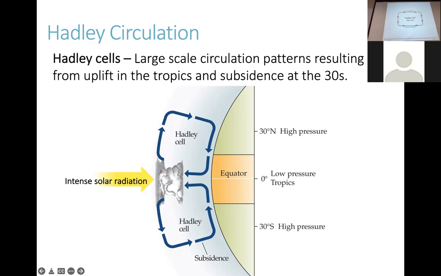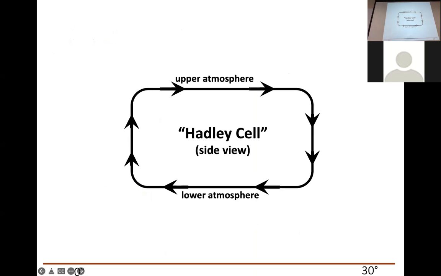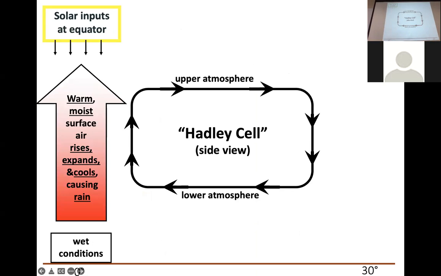So if we look at it from the side, we're kind of looking at a Hadley cell. We're going to start at the equator and go up to 30 degrees. Solar inputs at the equator. This is just a different view. It's a little bit easier maybe to understand. You have a lot of sun coming in.